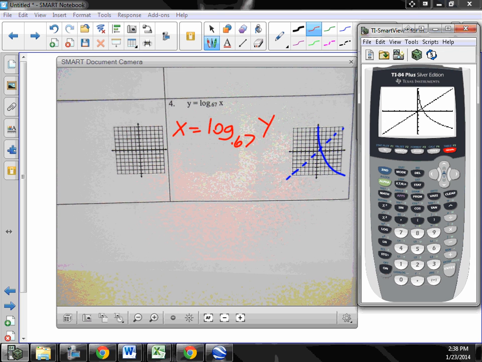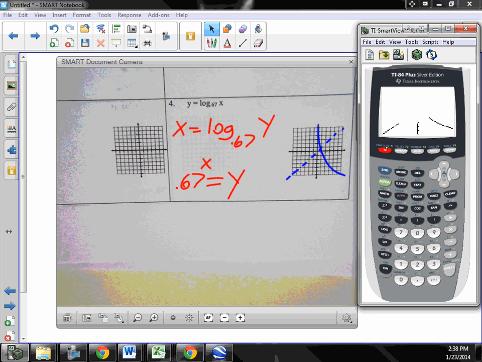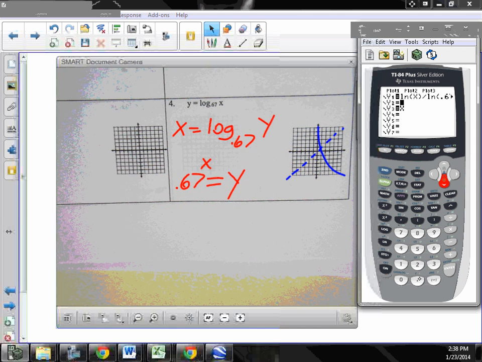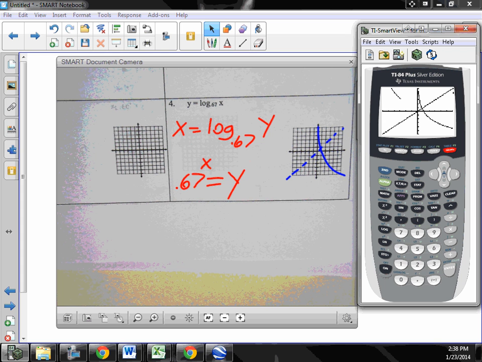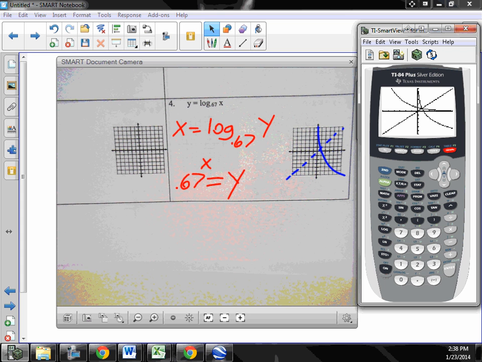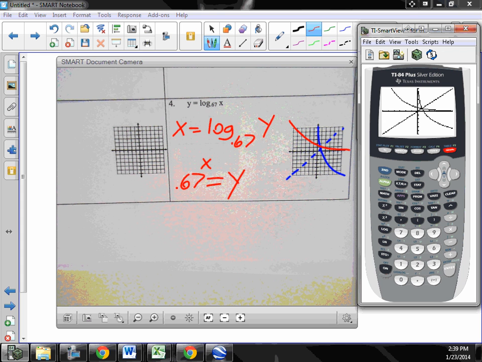So 0.67 to the x equals y. So I go in and graph 0.67 raised to the x. Are those inverses? Yes, they are. So the other one looks like this. And they are perfect inverses.